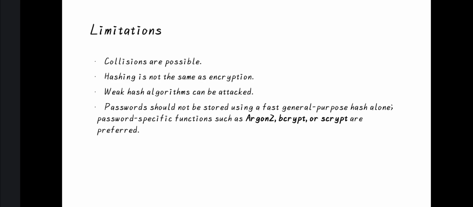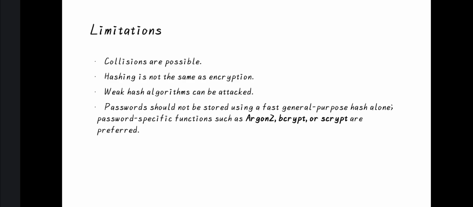Limitations of hash functions: collisions are possible. That means the same hash value can be produced by different inputs. Hashing is not the same as encryption; hashing methods are different from encryption methods.